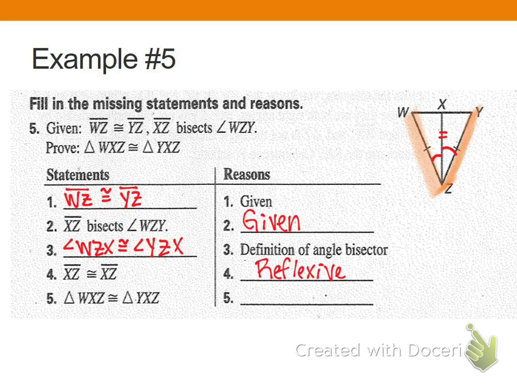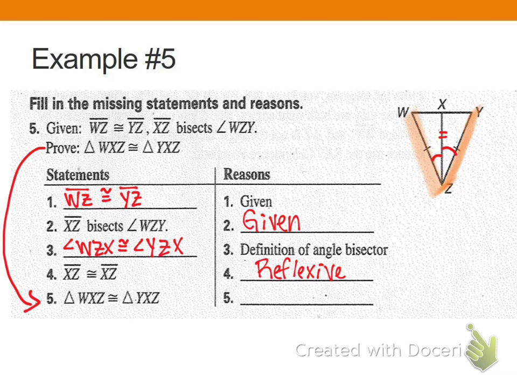The last statement they make matches the prove statement. That's where they got it from. The prove statement should always come last. So we are proving that triangle WXZ, so the small triangle on the left, is congruent to triangle YXZ, the little triangle on the right, and we have to give a reason for it.